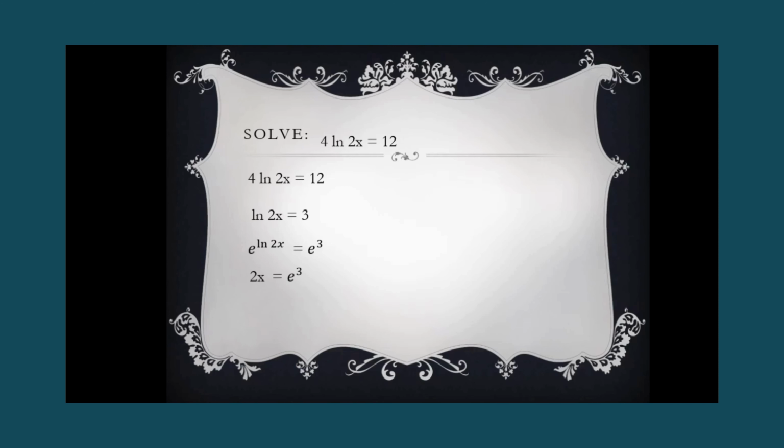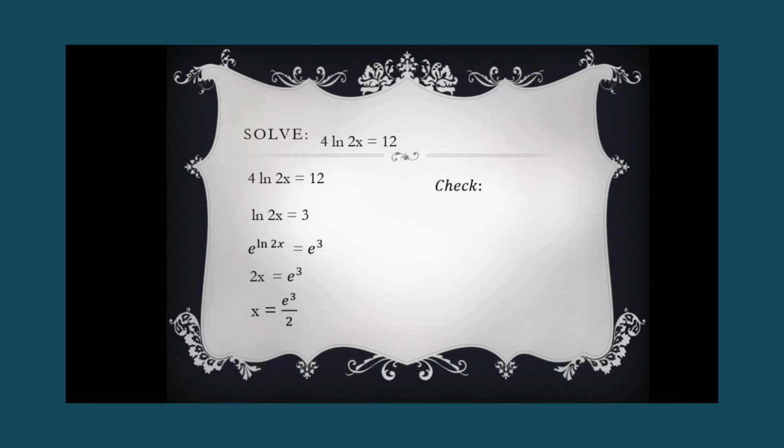Cancel the natural logarithm and the e on this side. Now all that is left is 2x is equal to e cubed. Divide by 2, and our final answer is x is equal to e cubed over 2.